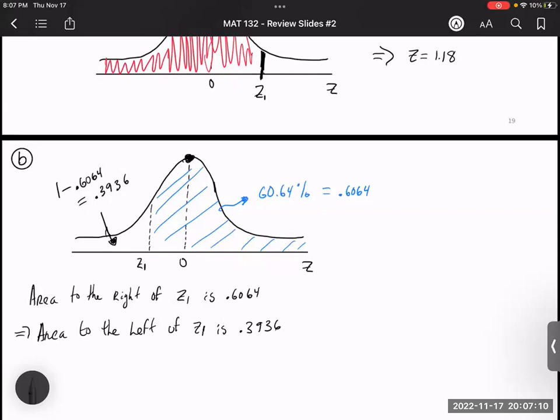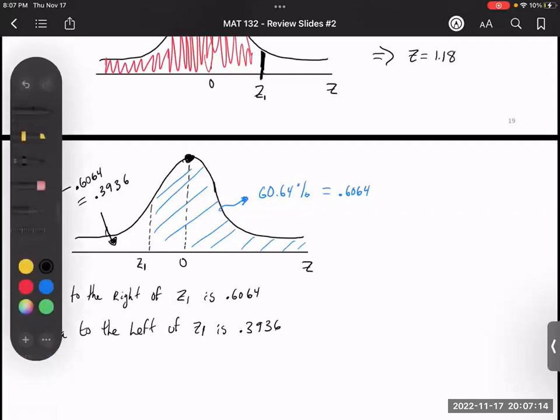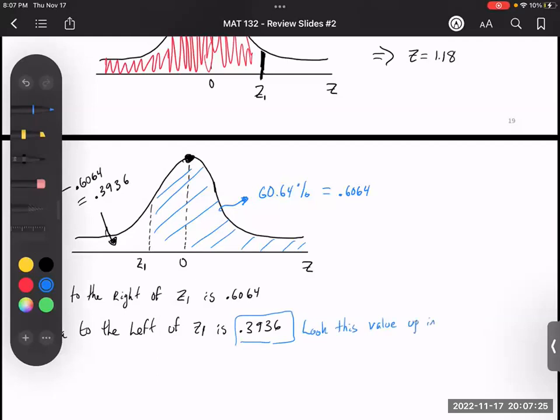And now I look for that area in our Z table, okay? Look this value up in the Z table.